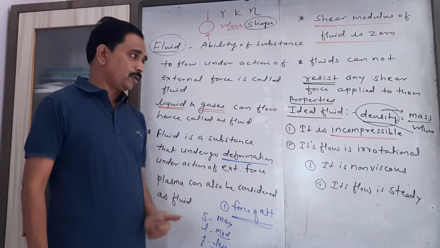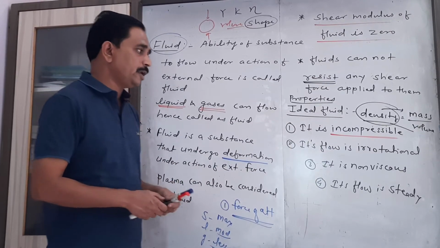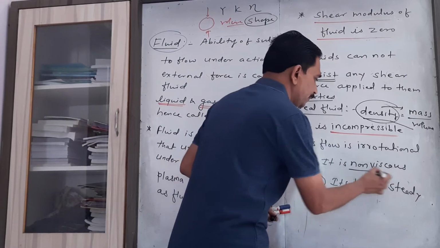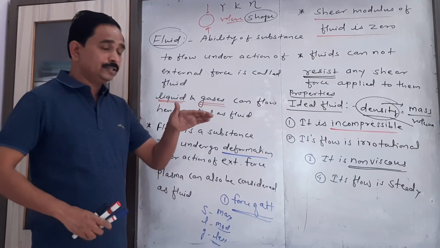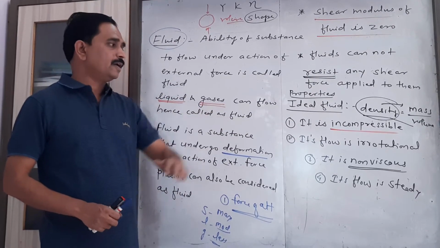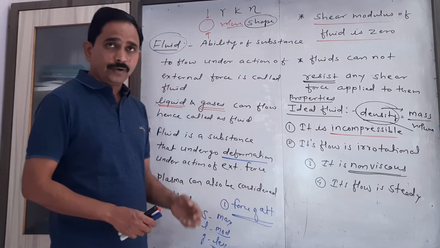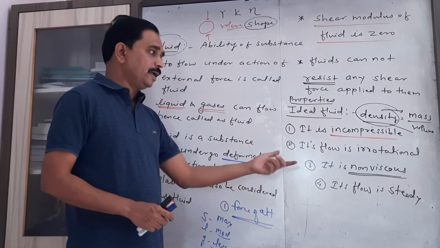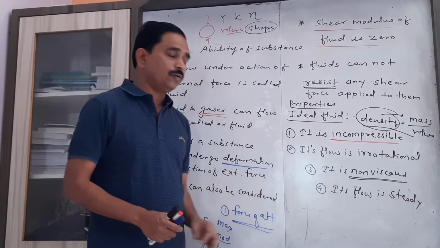Then the third one, the fluid is generally non-viscous. During the motion, if there is no force of friction between the different layers of the liquid, that liquid is considered non-viscous. We will study viscosity in detail later on. And the fourth one, its flow is steady.